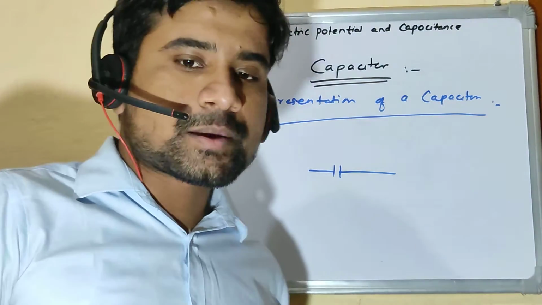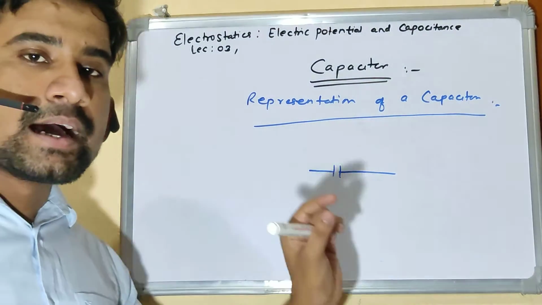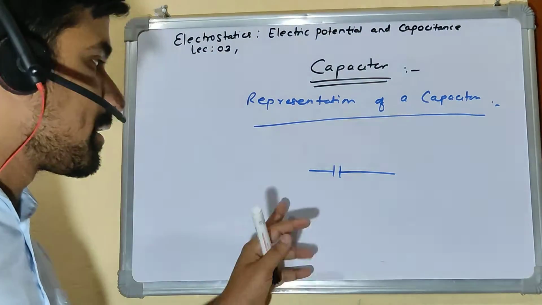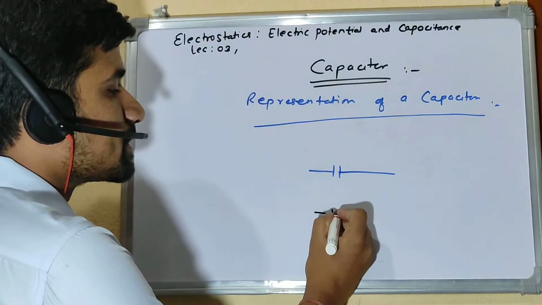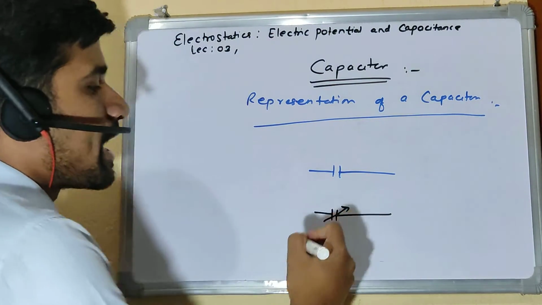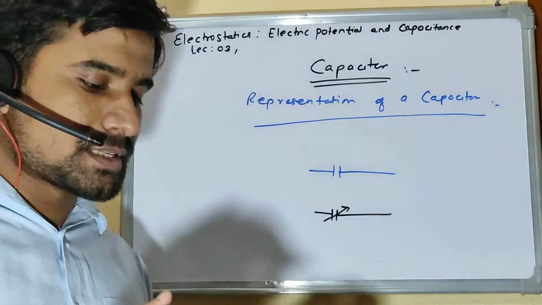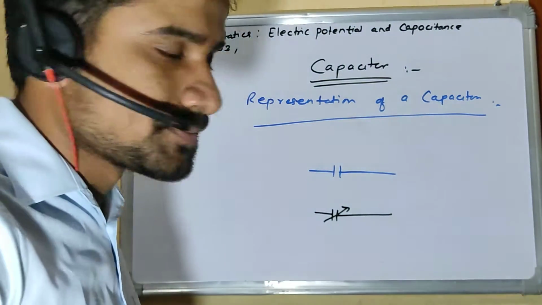A capacitor is represented like two parallel lines of equal height. It's not like a battery, so don't confuse it with a battery. Sometimes it is also represented like this with an arrow mark. This basically means this is a variable capacitor and this is a fixed capacitor. We will discuss later on what are variable and fixed capacitors.